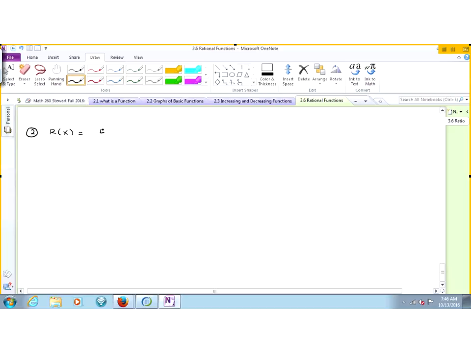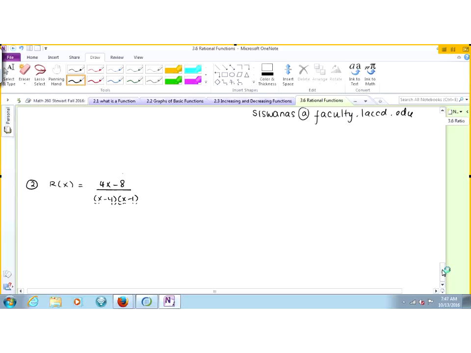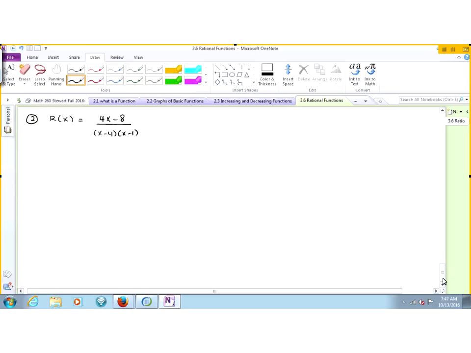R of x is 4x minus 8 divided by x minus 4 times x minus 1. Let me add one more so you know the difference. x minus 8, x plus 2, and then this is x plus 2.